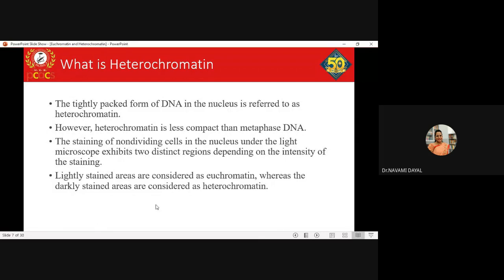So that differentiates your euchromatin and heterochromatin even visually. The lightly stained areas are considered as euchromatin, whereas the darkly stained areas are considered as heterochromatin.